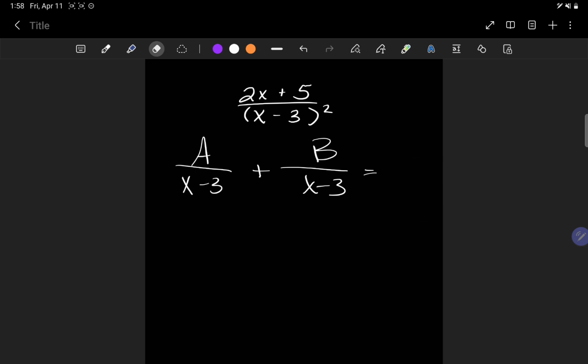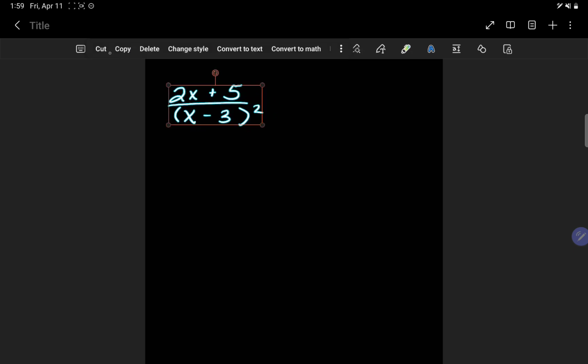So I need to figure out what I have to do to maintain that x minus 3 squared as the common denominator. Is there a way I can move this over to the left? You do the little lasso thing here, and you slide it over a little bit.